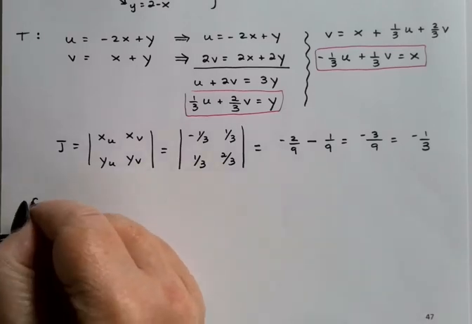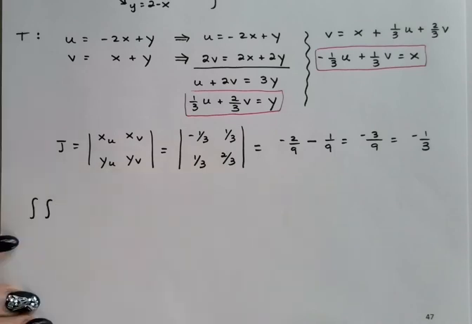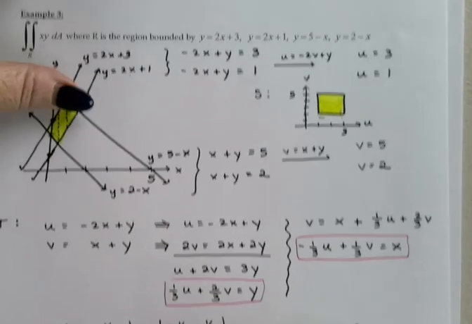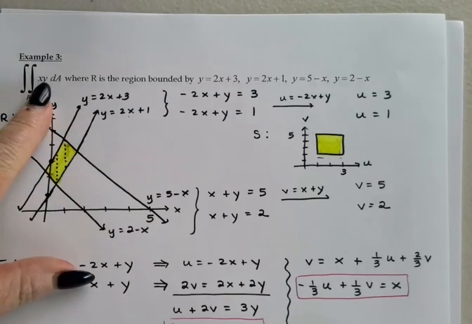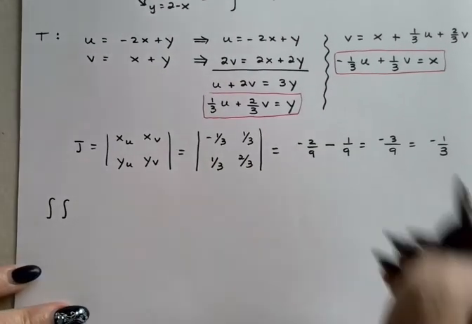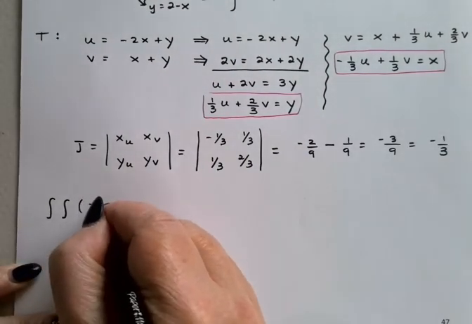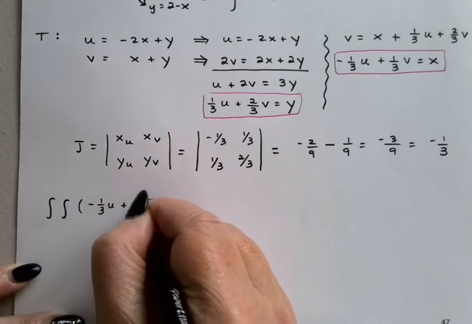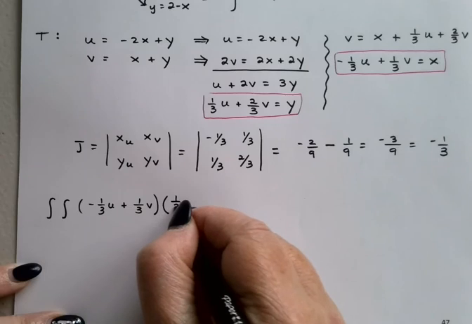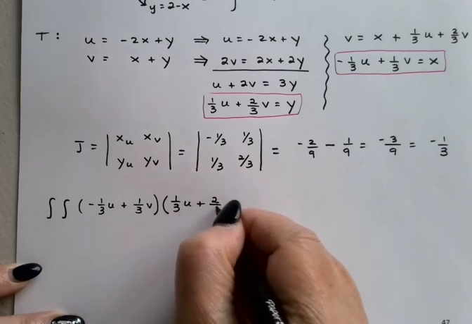So we have the double integral. First of all, the integrand way back up here was x times y. I'll have to write that in terms of u and v. So it's x, negative 1/3 u plus 1/3 v, times y, 1/3 u plus 2/3 v.